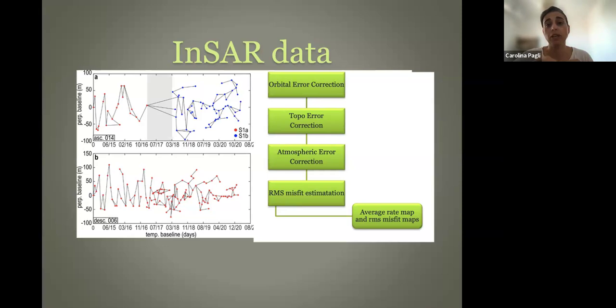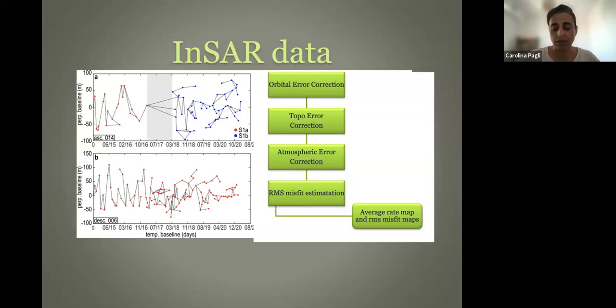In particular, we remove systematically from all the series of interferograms the residual orbital error, topographic error, but more importantly, we try to remove the atmosphere because InSAR is sensitive to this type of artifacts and that can really alter the measurement. So we stack them all together in order to have a measurement of an average velocity map and also incremental time series and an estimate of the RMS misfit, which is another important thing.